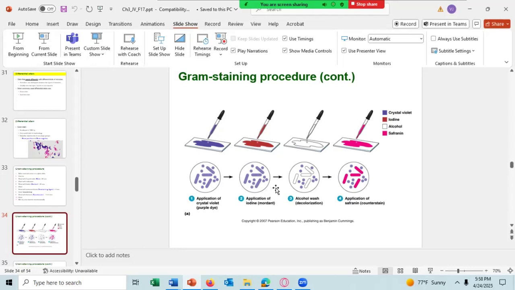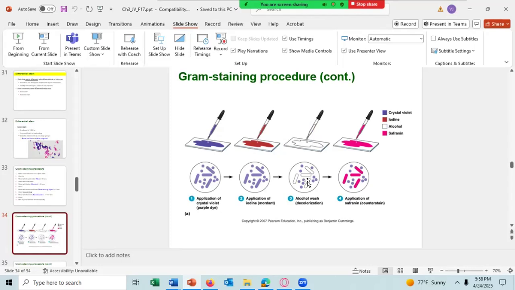You then apply the alcohol acetone wash, the decolorizing step, that will pull the crystal violet iodine complex from the gram-negative cells, but not from the gram-positive cells if you apply the decolorization step correctly.